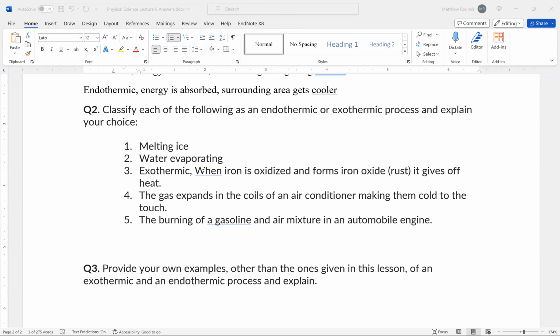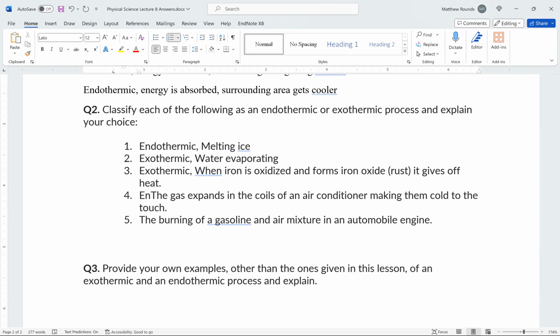Yes. This is where I feel like I'm not the expert. This is actually exothermic, which means the other one is endothermic. So then number four is endothermic because it's making them cold.